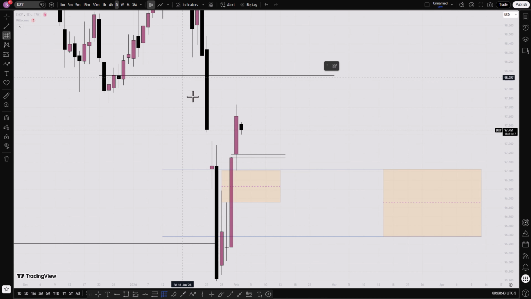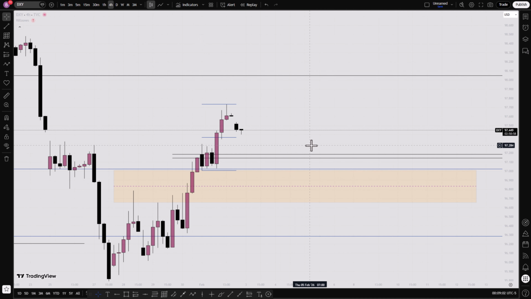Also, because we thrive on probability, we can mark the midpoint of this and look for a fair value gap within the midpoint of the previous daily candle by going to one time frame lower.